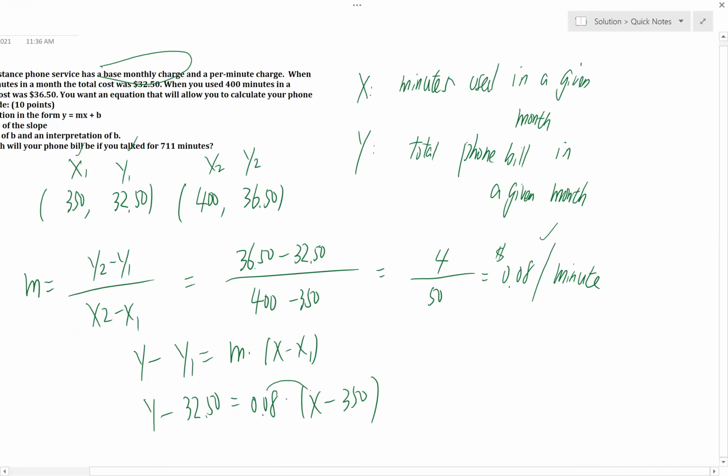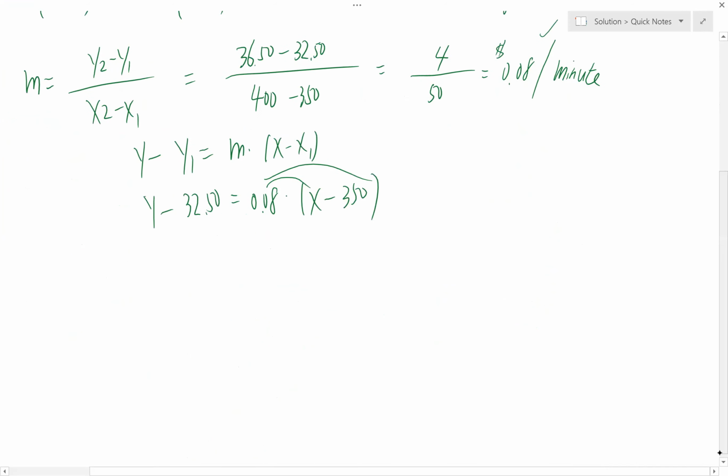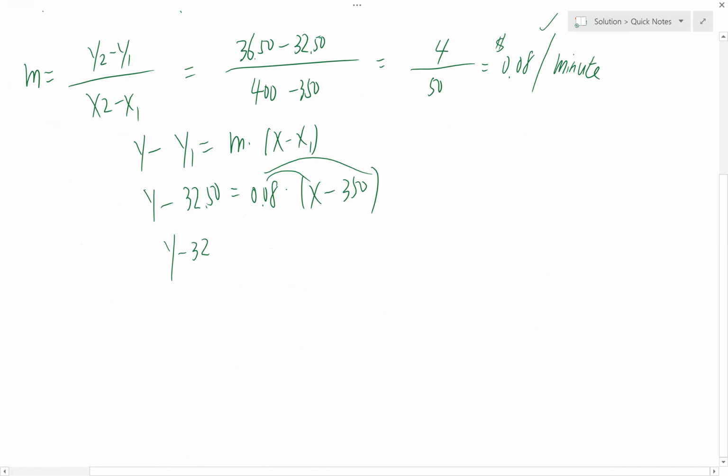Okay, now we distribute and combine like terms. So y minus 32.5 equals 0.08x, and 0.08 times 350 turns out to be 28. Okay, and from there we just add 32.5 to both sides of the equation.